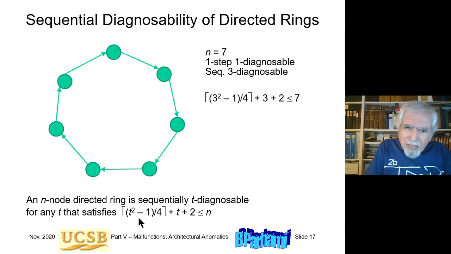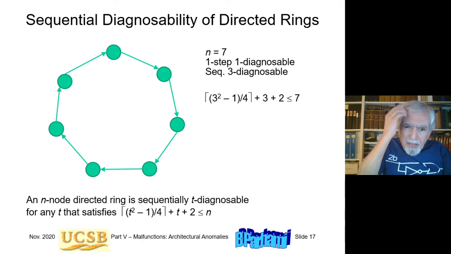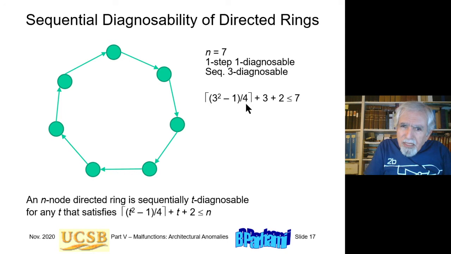The next slide is a little bit more detailed. So this is a 7-node directed ring. And because t equals 3 satisfies this inequality, (3 squared minus 1) divided by 4, so that's 9 minus 1 divided by 4 is 2. 2 plus 3 is 5. 5 plus 2 is 7.